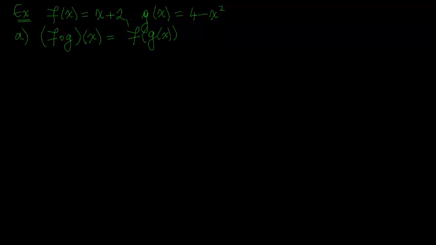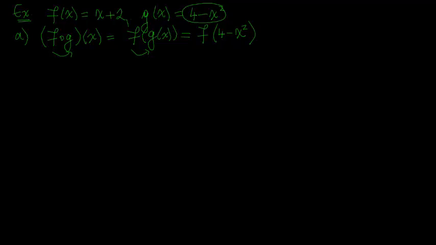Notice that I preserved the same order that these are listed in. Namely, I have f composed with g, that turns into f of g of x. The next step is going to be to write down who is g. So you go down and you see that g is 4 minus x squared. And that's what you're going to evaluate in the rule of f.